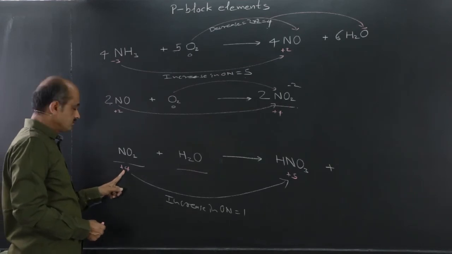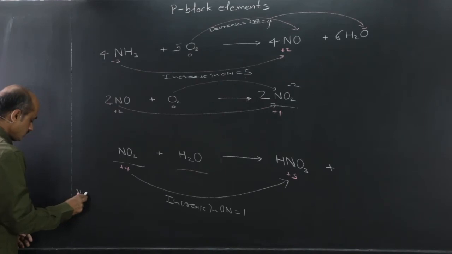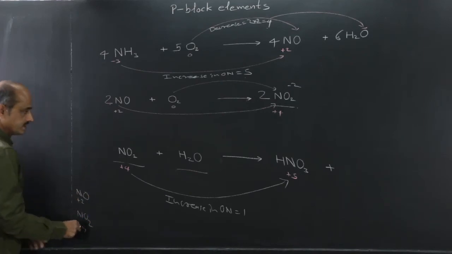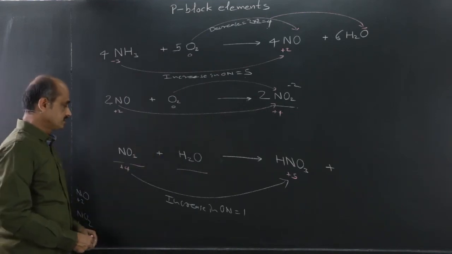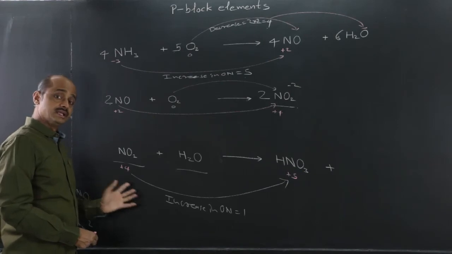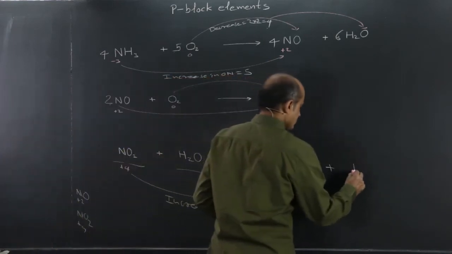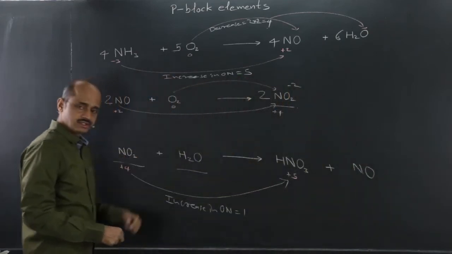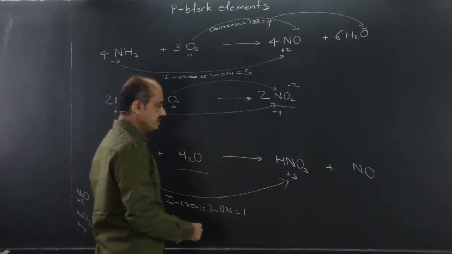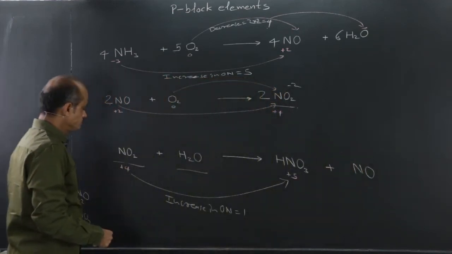Nitrogen has a variety of oxides. In NO, nitrogen is +2, in NO2, nitrogen is +4, in HNO3 it is +5. If +4 nitrogen has changed to +5, the increase in oxidation number releases electrons. To balance that, the product, for convenience we say byproduct, should be NO, nothing else.